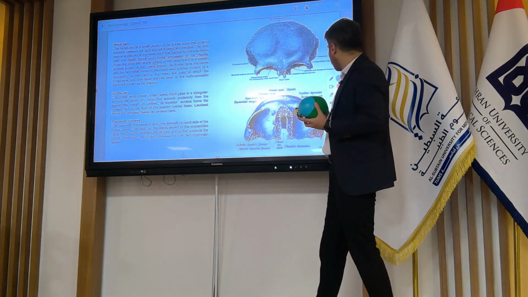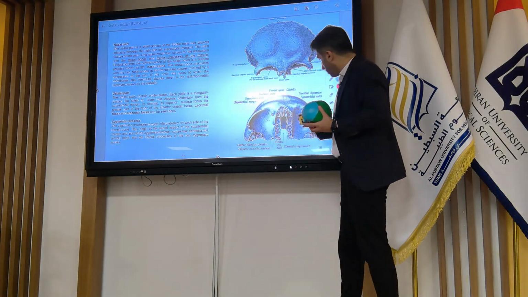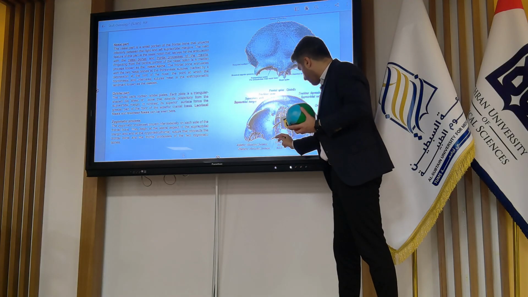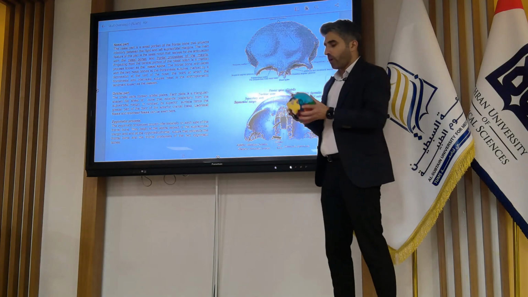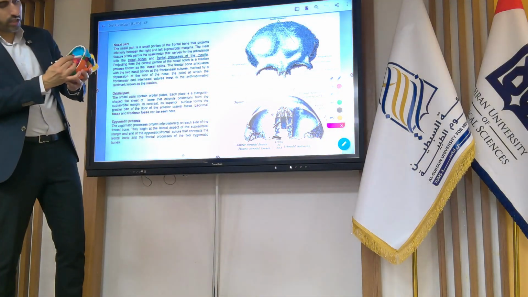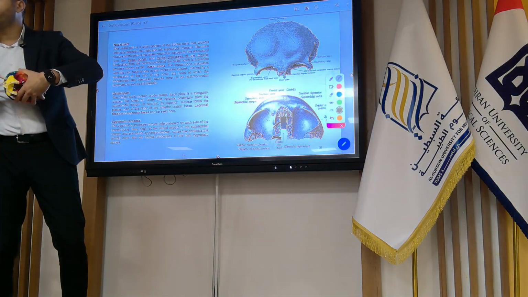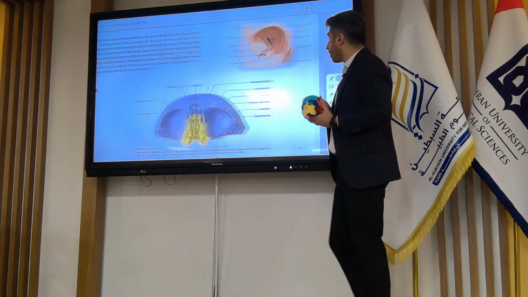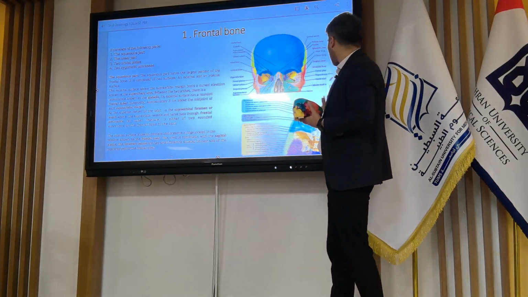So where do they open? Look at the canal, anterior ethmoidal, posterior ethmoidal. From inside of the cranial fossa, from here, they open here into the orbit. So the anterior cranial fossa has two connections.